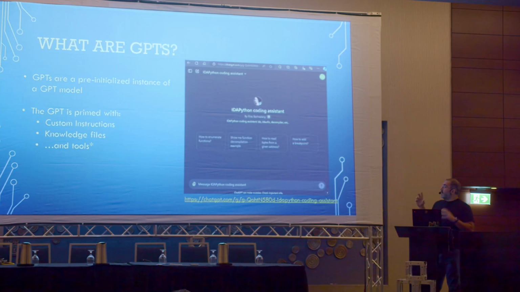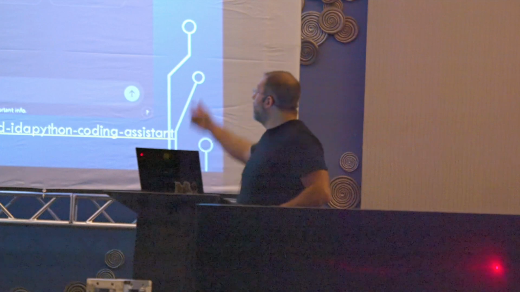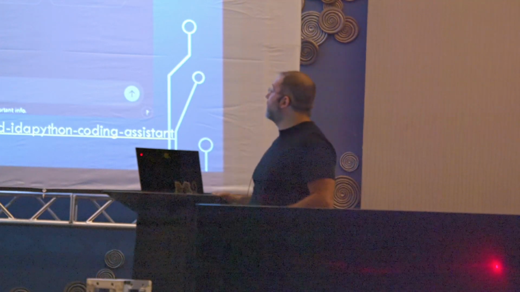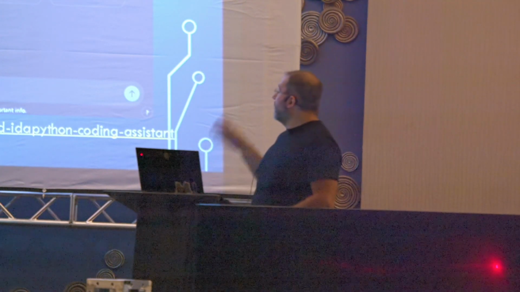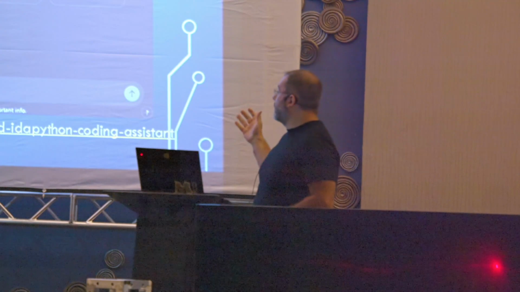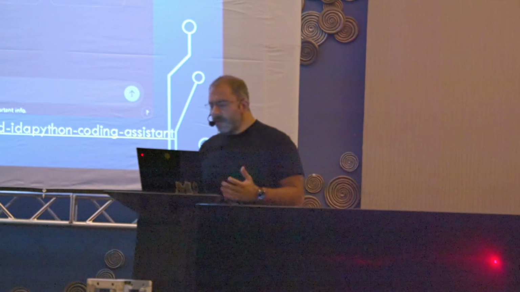Like a plugin for ChatGPT, and actually plugins were the precursor to GPTs. So instead of having a vanilla ChatGPT, you can have a specialized ChatGPT that already knows what you intend to work on. For example, the IDA Python coding assistant lets you directly ask it questions; it knows. You don't have to tell it much.